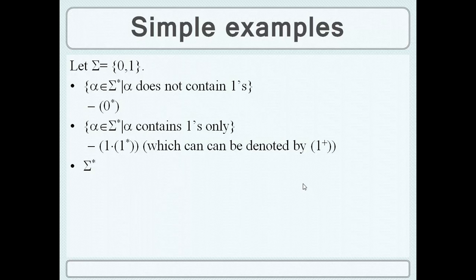If alpha is an element of sigma star and alpha contains only the symbol 1, then it is 1 concatenated to 1 star, which can be abbreviated as 1 plus.